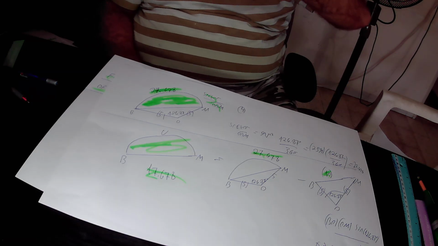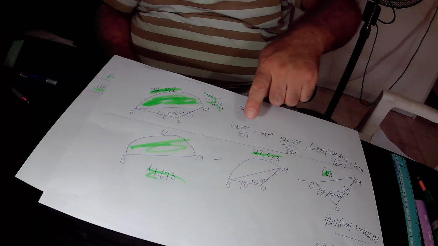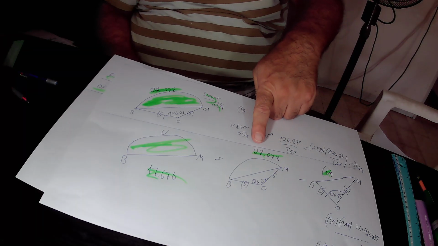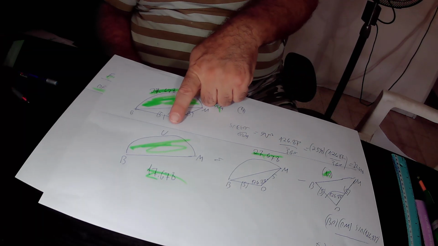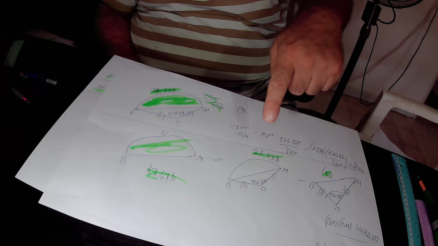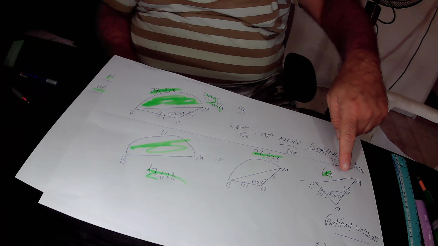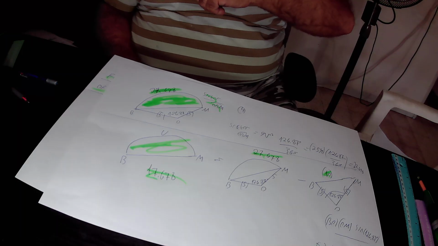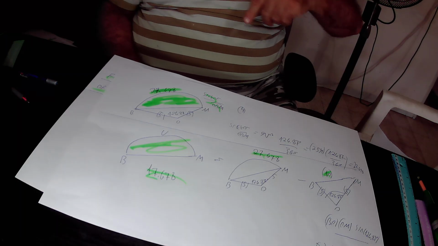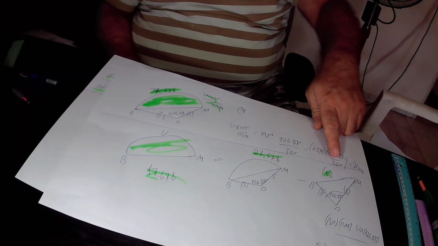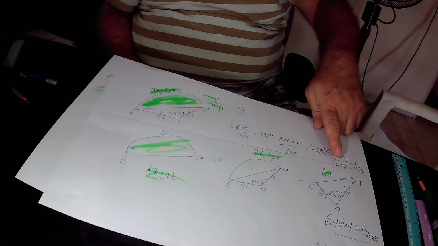It is very easy to see that if you remove the triangle from the sector, we're left only with segment BUM. Therefore, the area of the sector minus the area of the triangle will be equal to the area of segment BUM. So we have to find out the area of this triangle BOM.